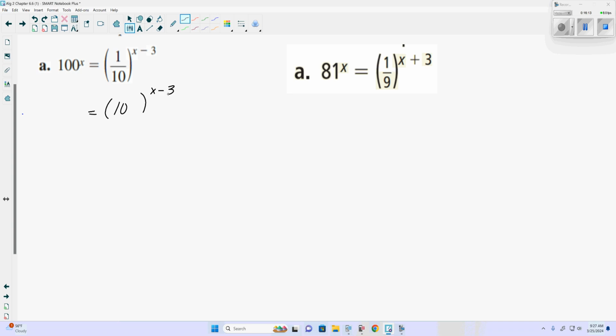Then the only thing left in the bottom of that fraction is 1. But in order to do that, we have to make its exponent negative. If I move that 10 up, the exponent becomes negative. And since the only exponent with the 10 was 1, since there wasn't one written, it's just 10 to the negative 1.